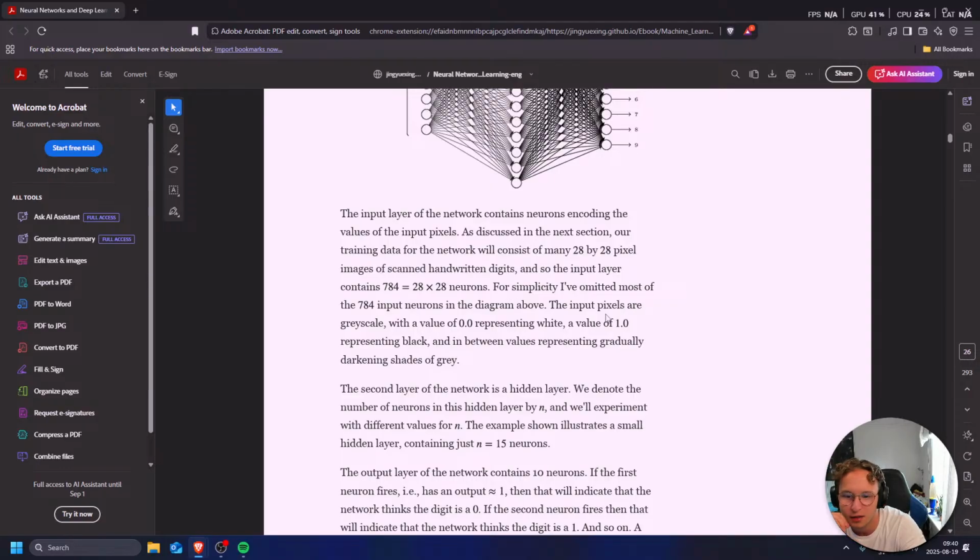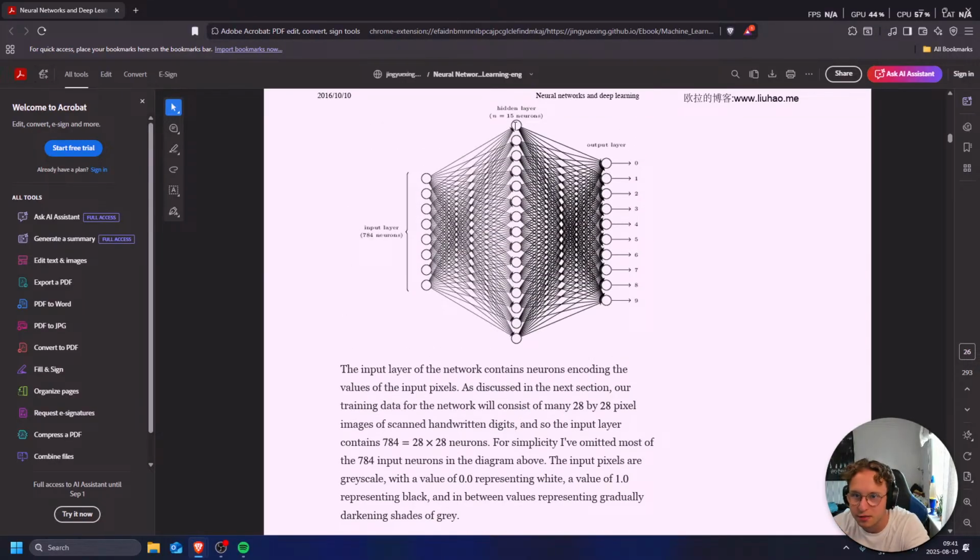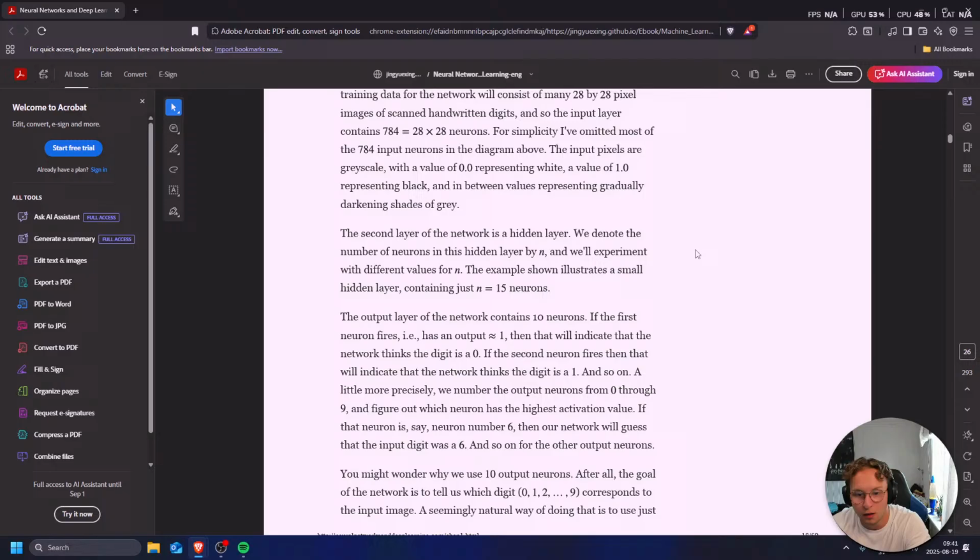The second layer of the network is a hidden layer. We denote the number of neurons in this hidden layer by n, and we will experiment with different values of n. For example, the diagram illustrates a small hidden layer containing just n equal to 15 neurons, and this is probably this one here. The output layer of the network contains 10 neurons.